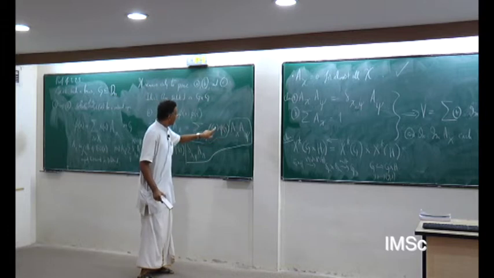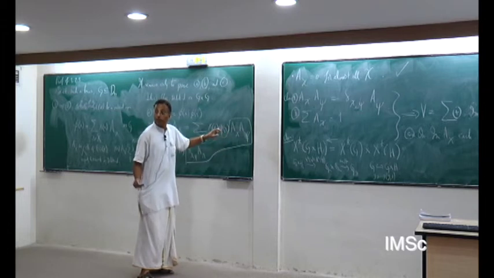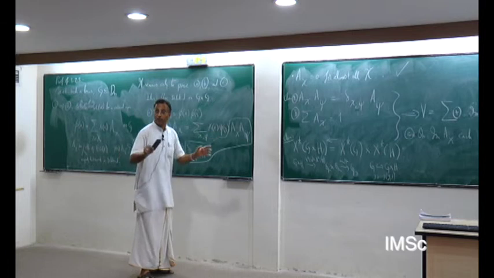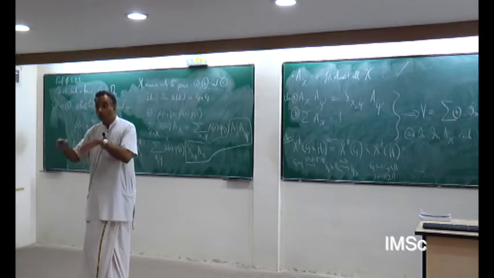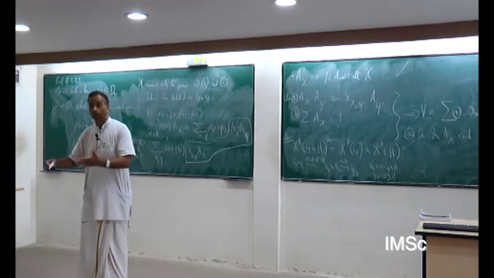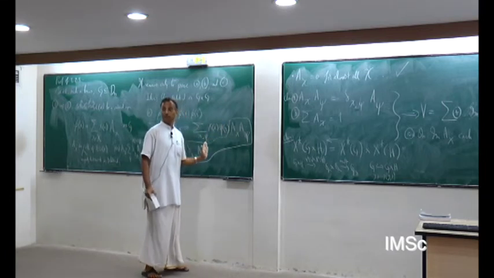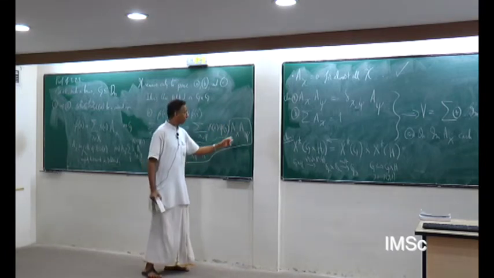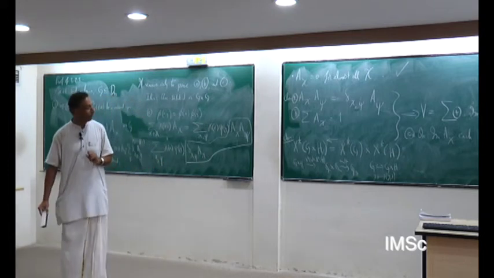If I choose some other chi prime and psi prime, that will not be the same character as chi and psi. Those will be distinct, so no two of them will be the same. So it is in fact a sum over distinct characters, and then you can apply Dedekind to say that this is equal to this.